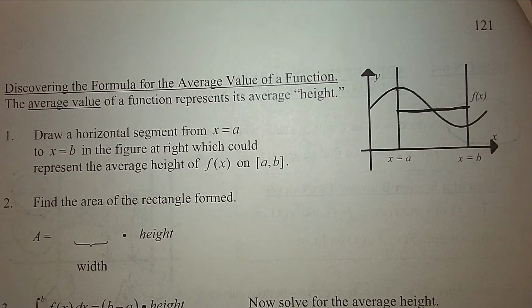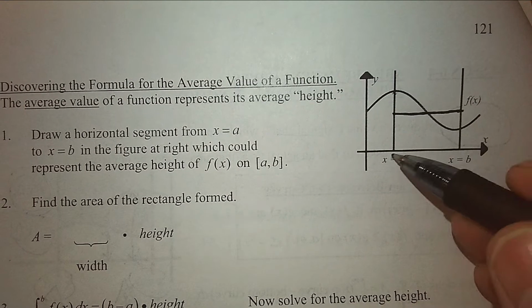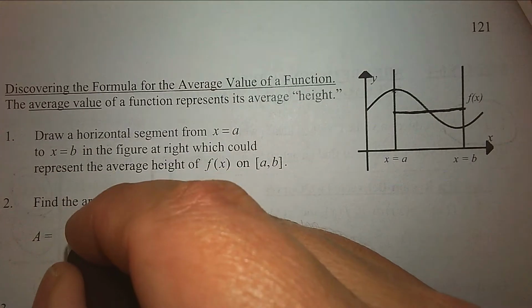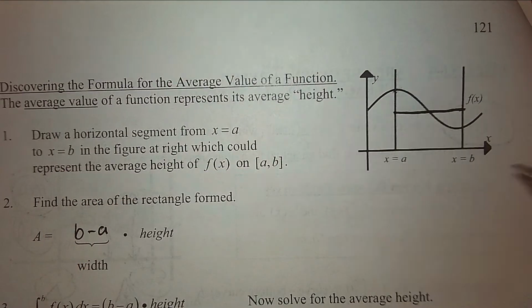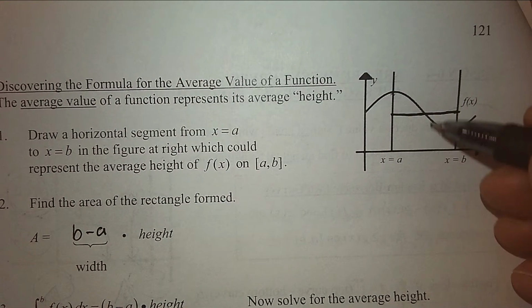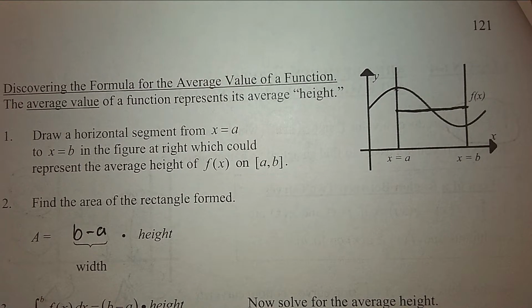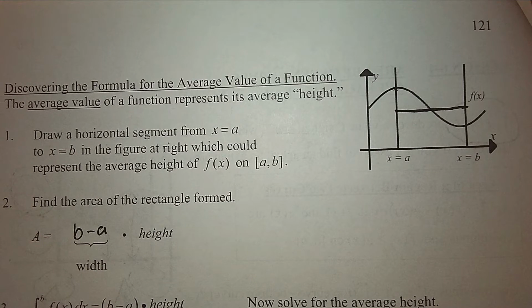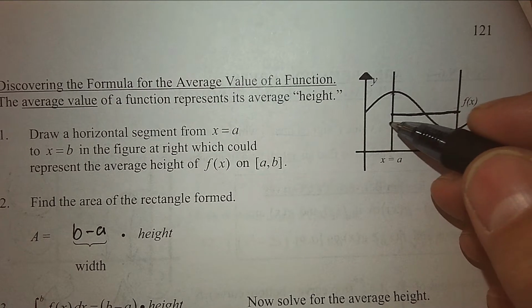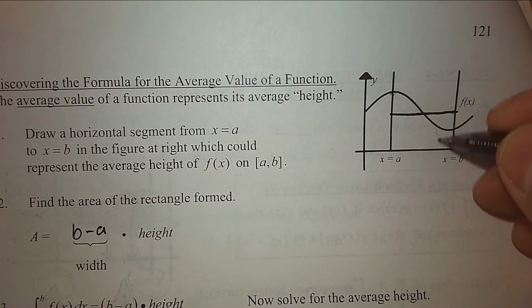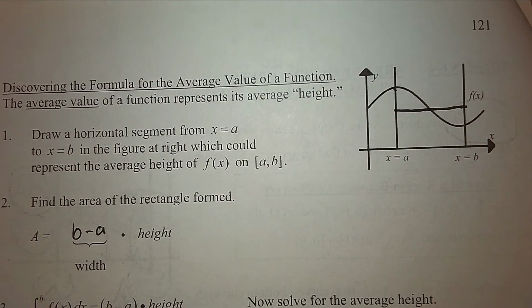It says find the area of that rectangle that was formed. So this rectangle that was formed goes from what's the width and the height of it. So the width would be B subtract A, right? The upper minus lower bound. And then whatever that height was would give you the area. Then it says when you integrate that, can you now solve for the average height? So from A to B, how do you find the area of what I just drew in terms of from A to B?